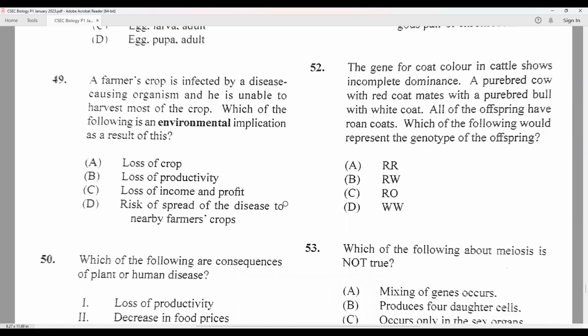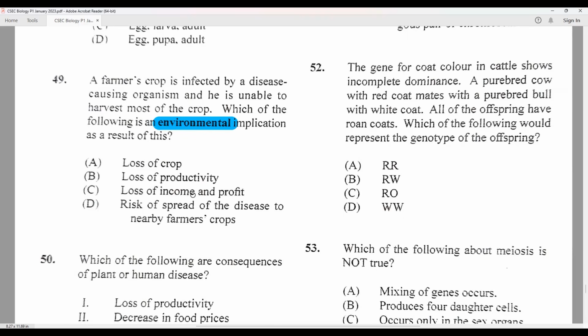49, if a farmer's crop is infected by disease causing organisms and he is unable to harvest most of his crop, which of the following is an environmental implication as a result of this? Loss of crop. The actual environmental variation, look at here in bold. Loss of productivity, yeah.